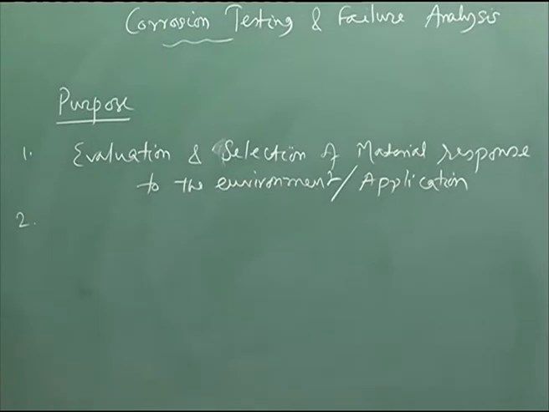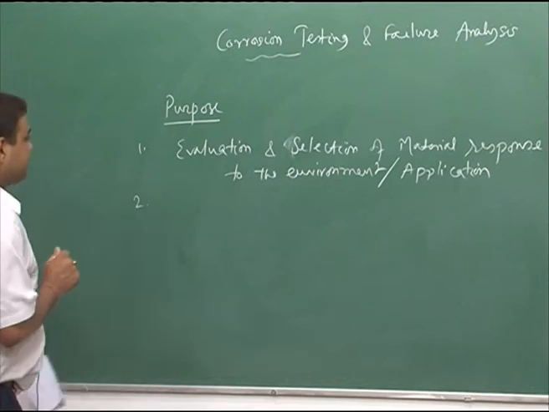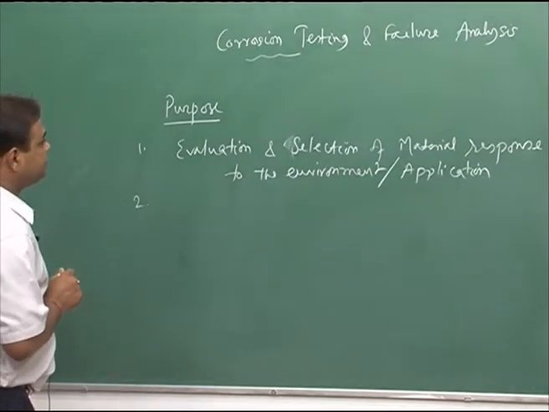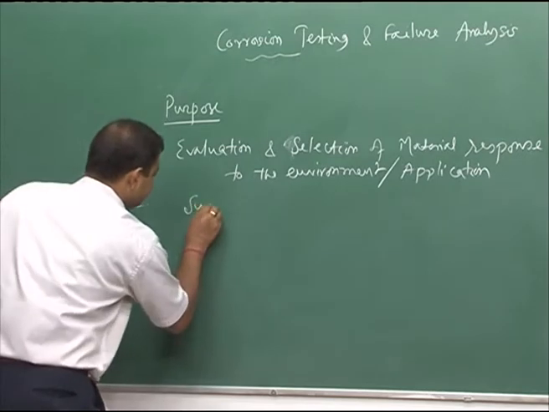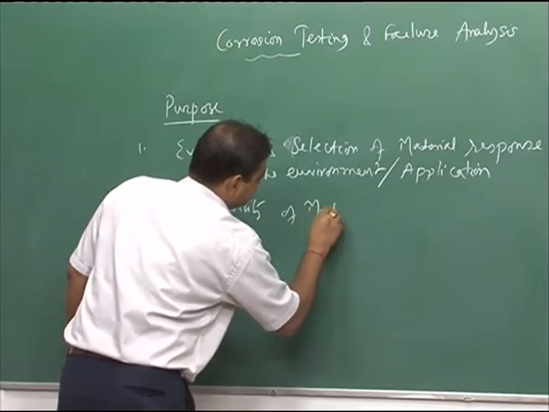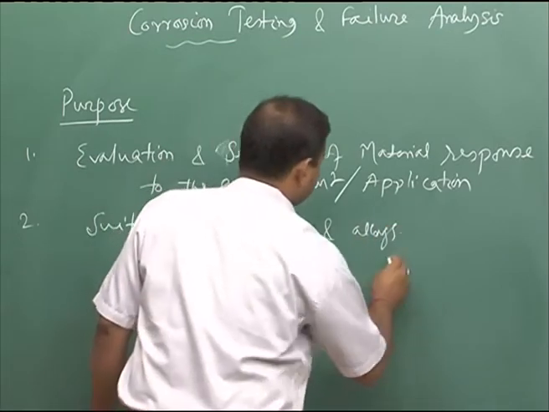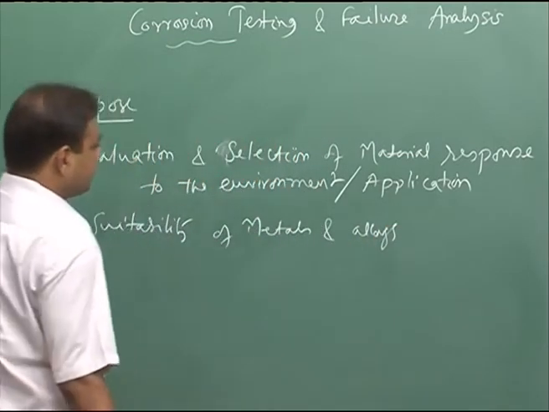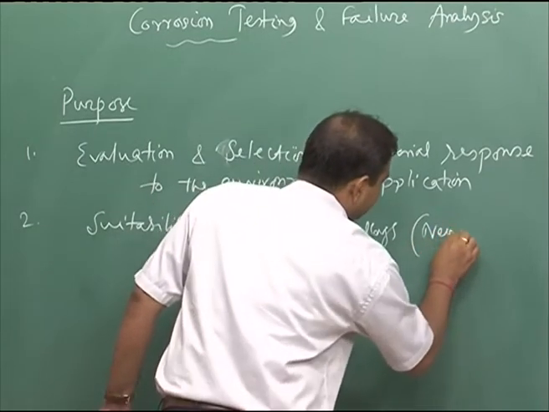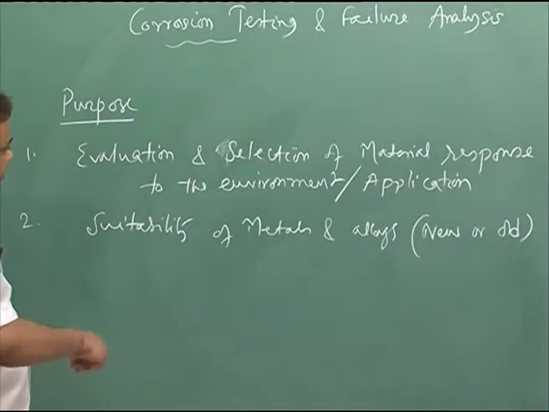Then second would be evaluation of new and old metals and alloys to determine in which environment they would be suitable. So, suitability of metals and alloys, whether new or old, in a particular application, in a particular environment.